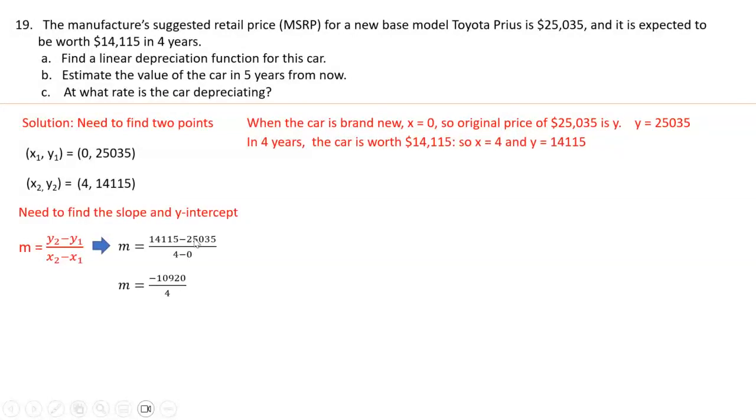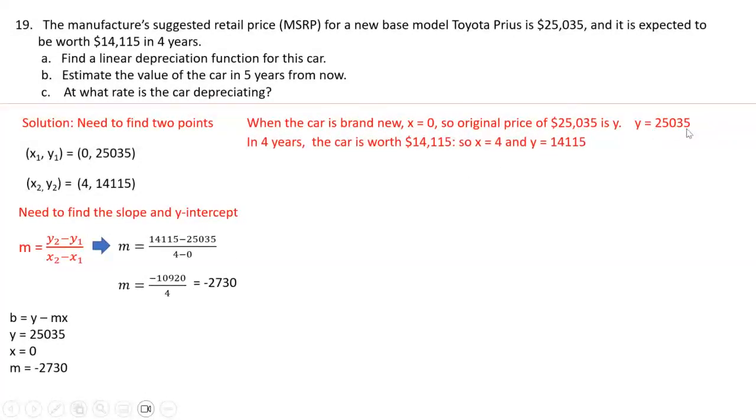So we plug them in there, and 14,115 minus 25,035 will give us negative 10,920. And 4 minus 0 will give us 4. Now, if we divide that, it's going to give us negative 2,730. That's my slope.